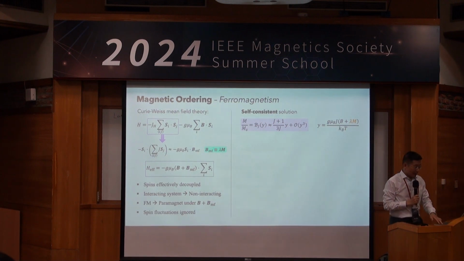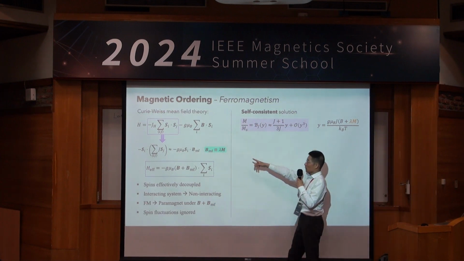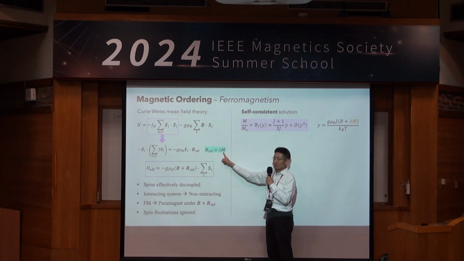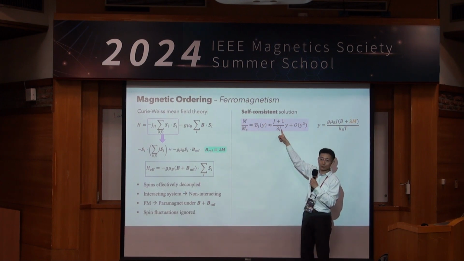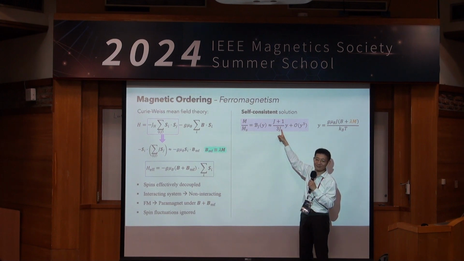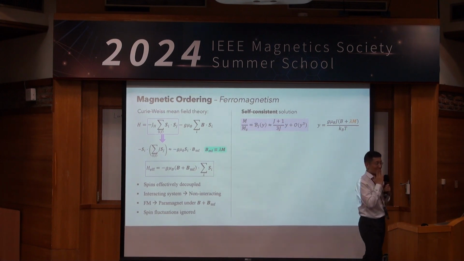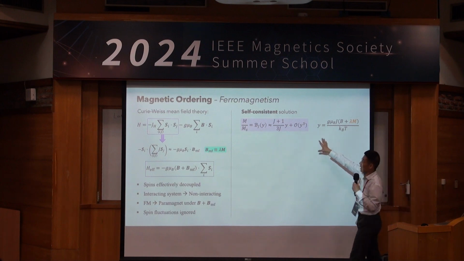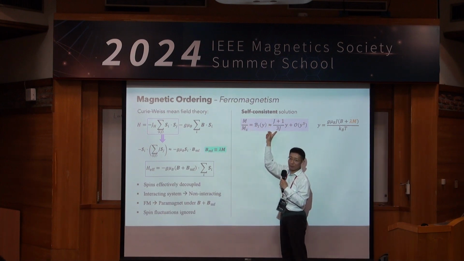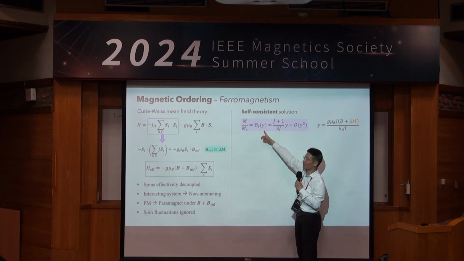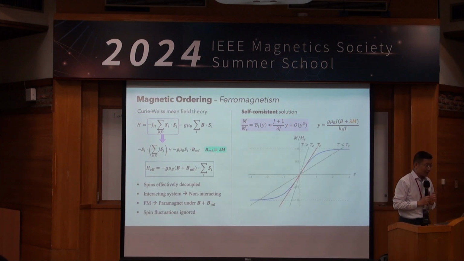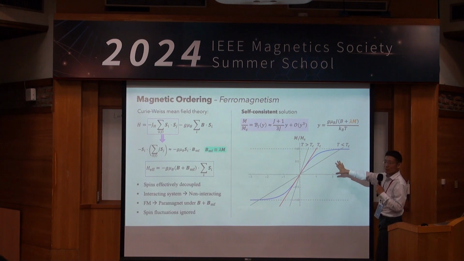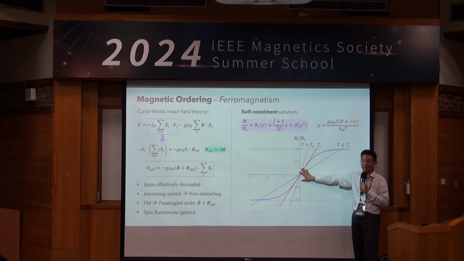Now, because the mean field itself depends on the magnetization, and we solve the magnetization based on the mean field model, this is a self-consistent system. So you have the unknown variable m on both sides of the equation, in the Brillouin function. We could numerically solve the system, but now I would like to introduce a heuristic method called the graphical method.